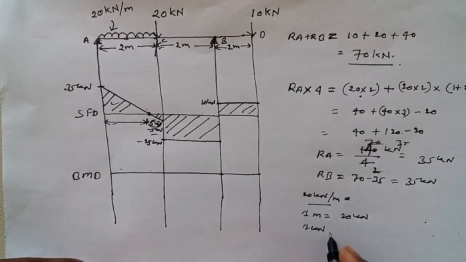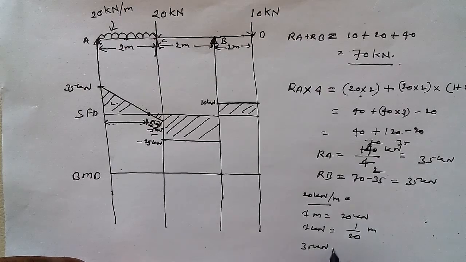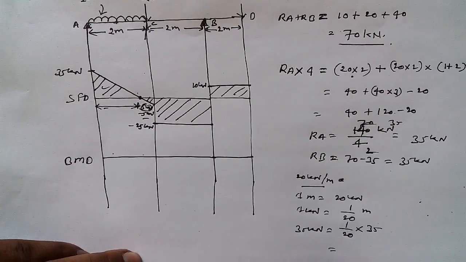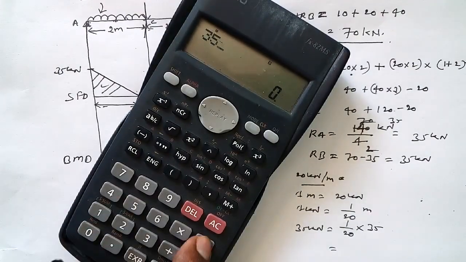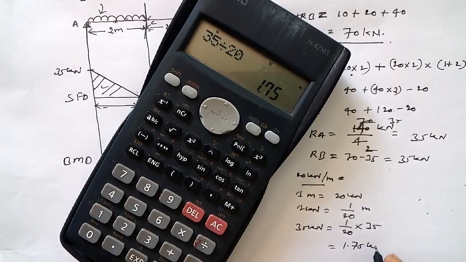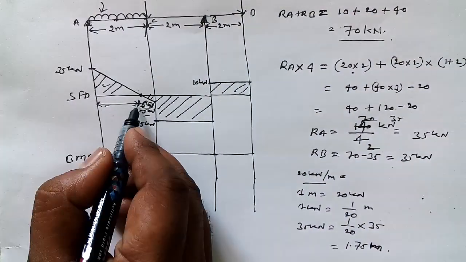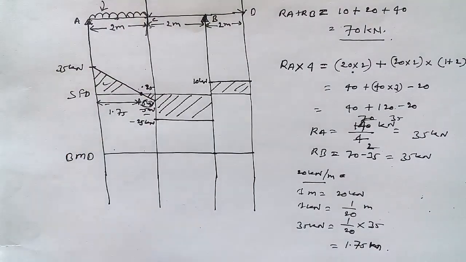So 1 kilonewton is acting over 1 by 20 meter. 35 kilonewton, 1 by 20 into 35 is equal to how much? 35 divided by 20 is 1.75 meter. So the distance here to here is 1.75, therefore this will be 0.25.